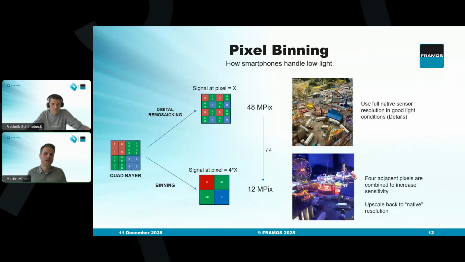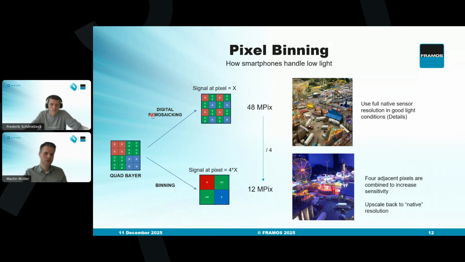To increase low light sensitivity, even with high resolution and small pixels, smartphones do a nice trick. In modern smartphones, the image sensor consists of quad Bayer patterns. This is a difference to what I've explained. Instead of a single red, green, and blue microfilter, we have clusters of four adjacent to each other.